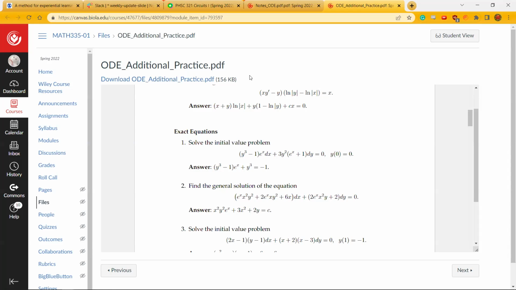So I will remind you of the steps. Step 1, put it in standard form for exact. I'll write down the equation in a bit. Step 2, check exactness. And I'll show you these steps one by one.